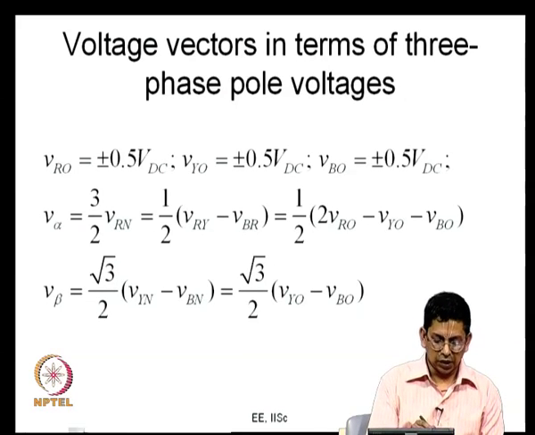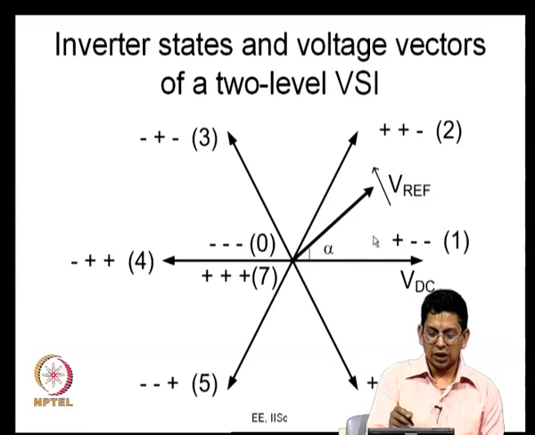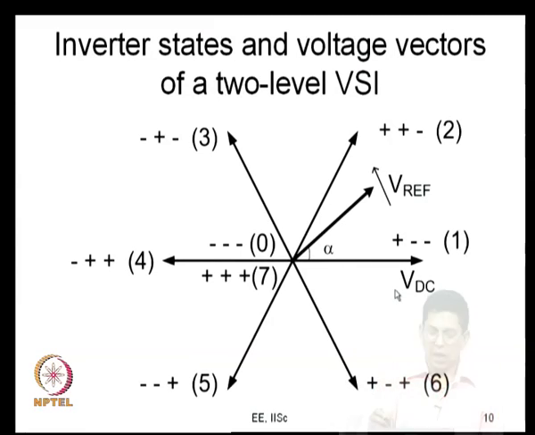We saw this in some detail in the previous classes and we quickly reproduce it here. When R phase alone is connected to the positive bus and Y and B are connected to the negative bus, the inverter produces a vector which is aligned with the R phase axis as shown here. And when the state is inverted, when R is negative and Y and B are positive, you go around like this, you get the negative vector now.